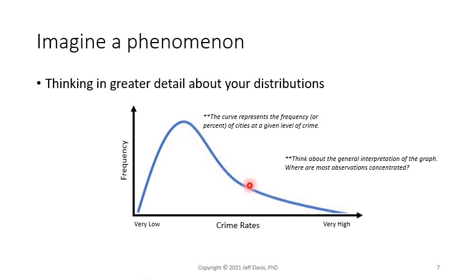Okay, so whatever is being represented by this line, whatever the unit of analysis is, we know that most of those units fall within the lower ranges of crime rates, but there are some in the very high ranges of crime rates, just not as many. Okay.